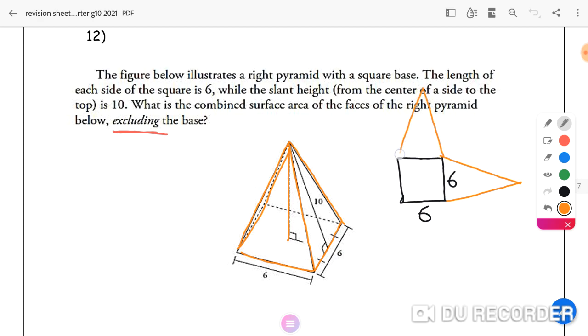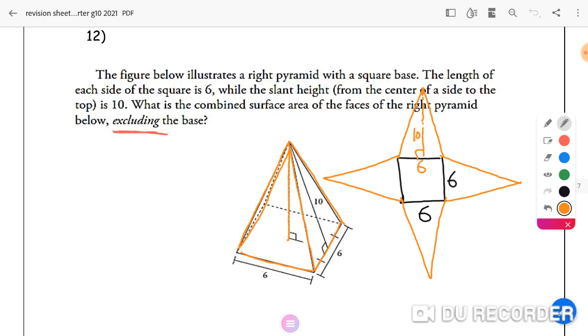I just want you to imagine what is required. We need to find out the area of all these faces combined, and every face of these four faces is a triangle with a base length of 6 and a height of 10.